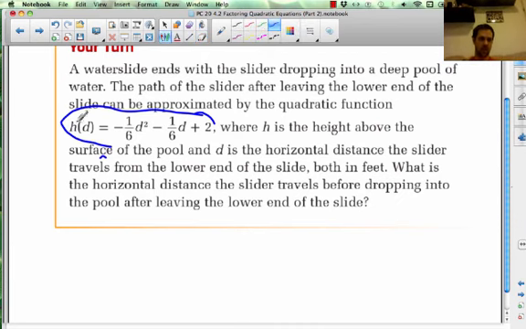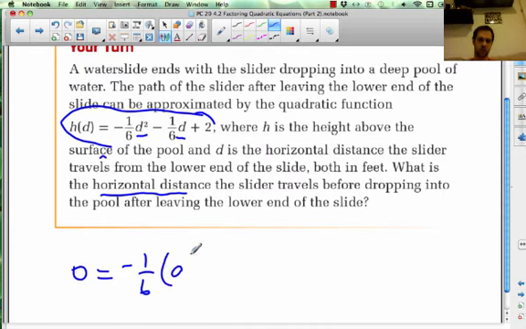So we just set the height above the pool equal to 0, and we want to find the horizontal distance, which is d, that we're actually going to be solving for here. So I'm going to remove this fractional coefficient in front of the quadratic term.